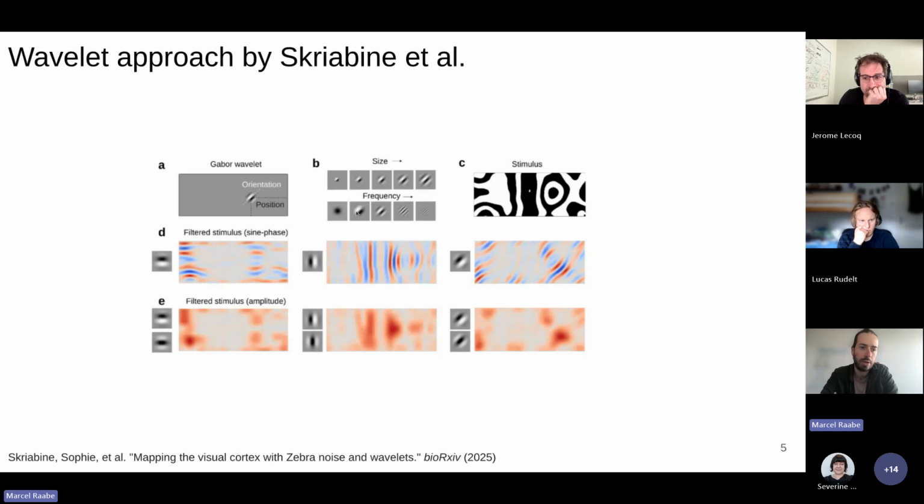You can analyze these different phases separately, which is the approach I will show here. Or you can combine both phases by summing the square of both activation maps. This is an example shown here in the last row.